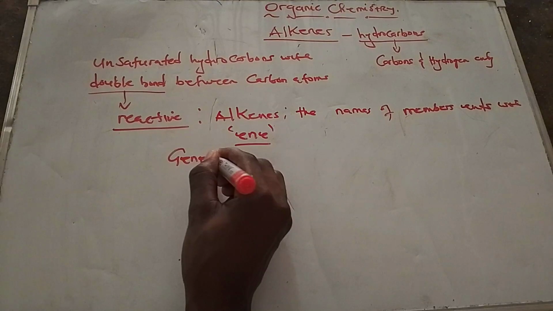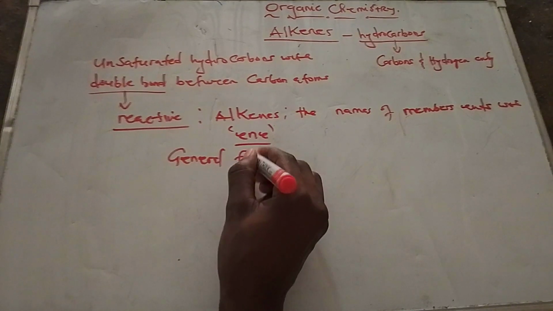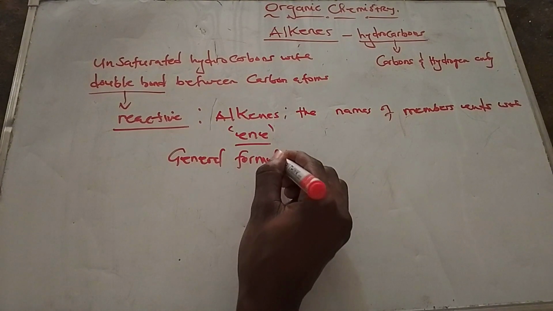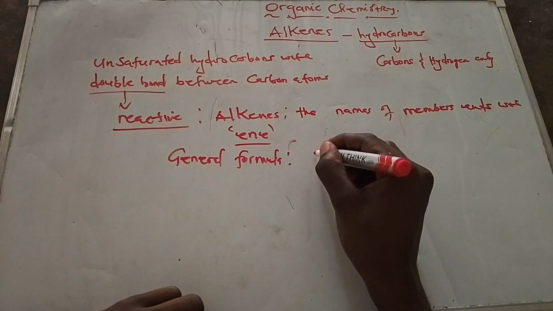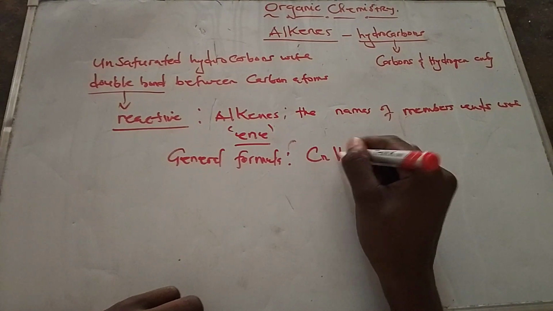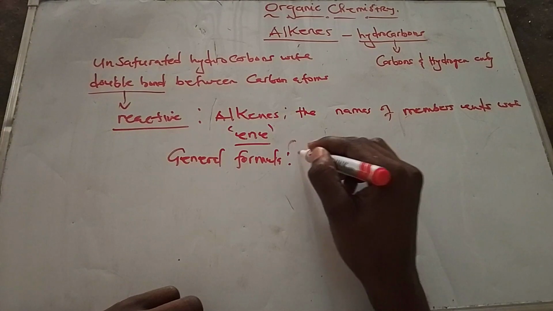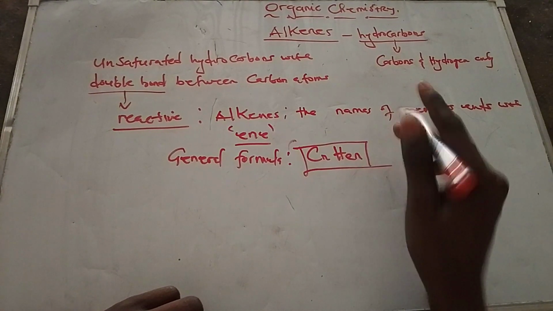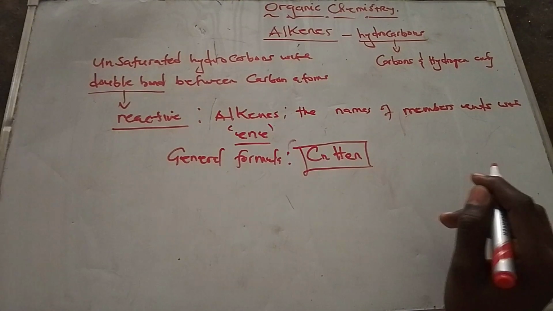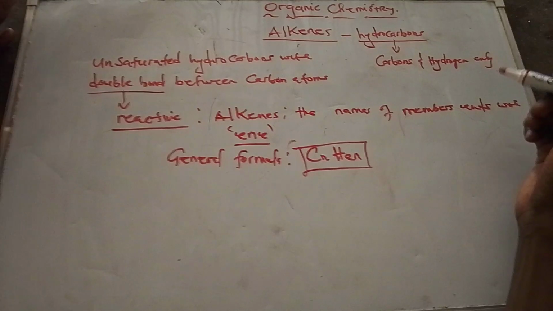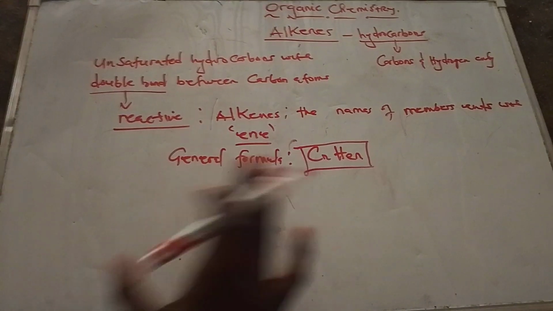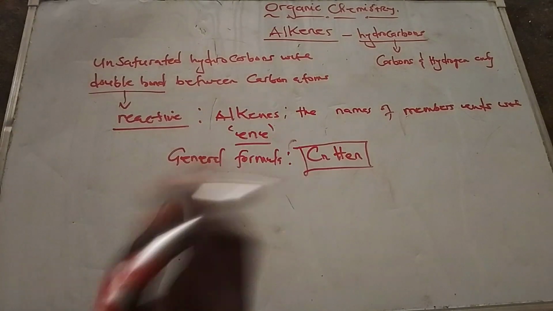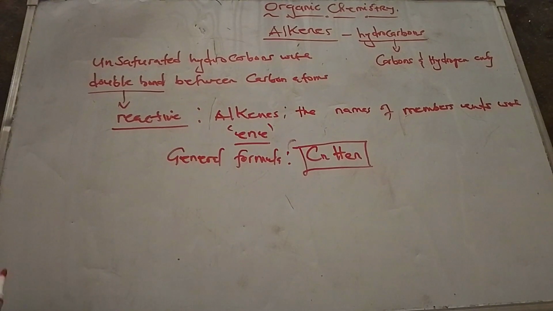The general formula is CnH2n. This is the general formula which can help us to identify if this is an alkene or an alkane. This information can help us to understand alkenes.